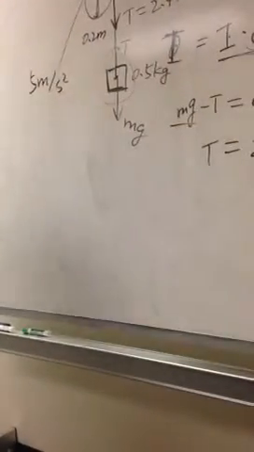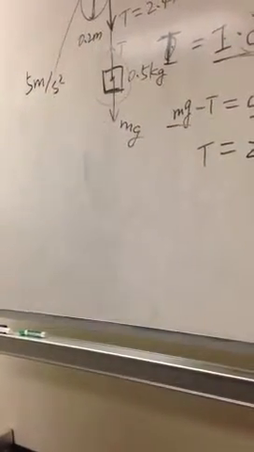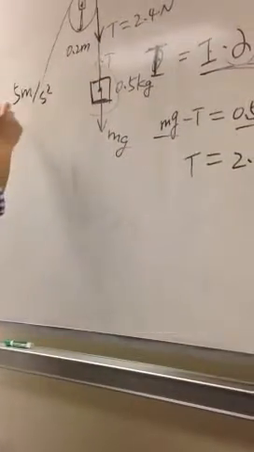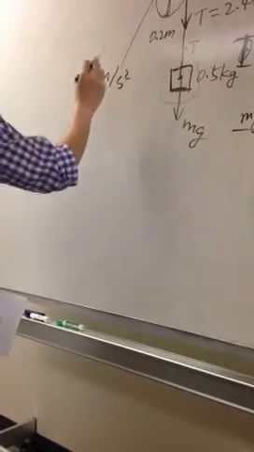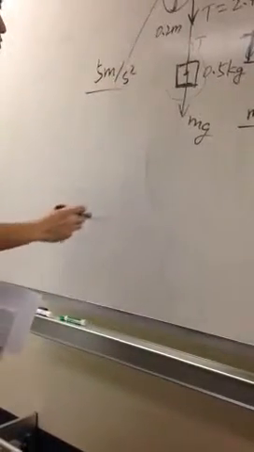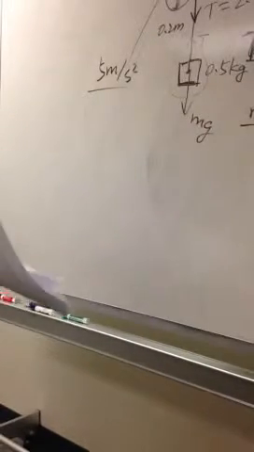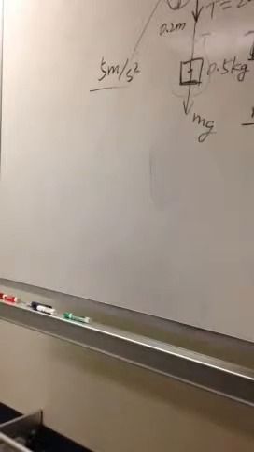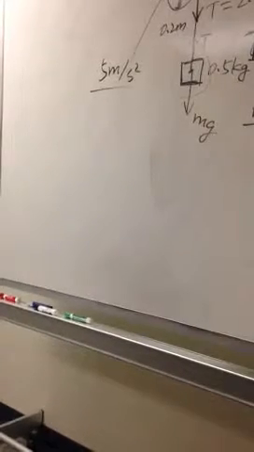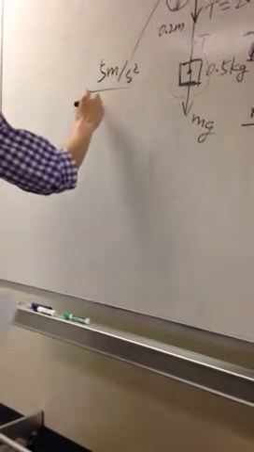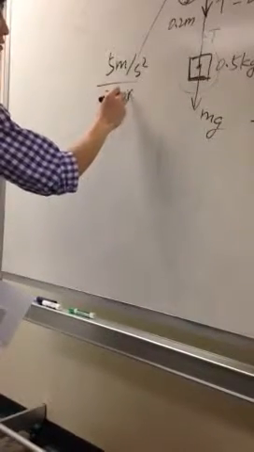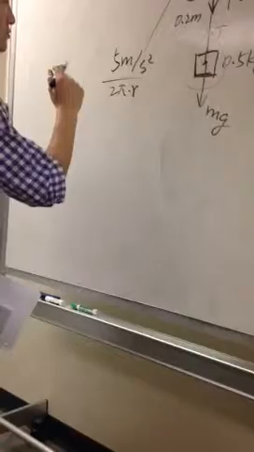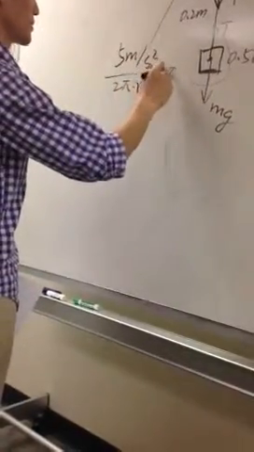So you have to convert the linear acceleration into alpha. The conversion is how many circles per second squared, 2 pi radians per circle.